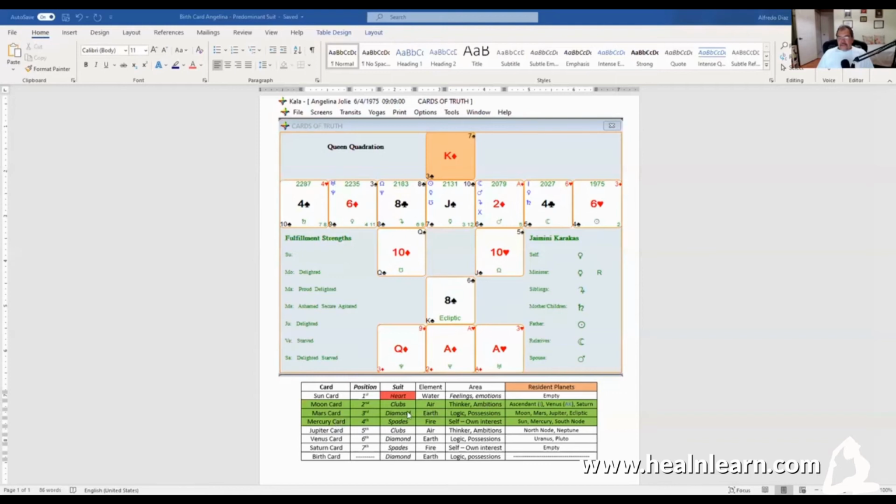So she's basically a thinker with ambitions. She's logical. She's interested in possessions, in wealth, in money, in finances, in her self-development, everything that has to do with her own interests.